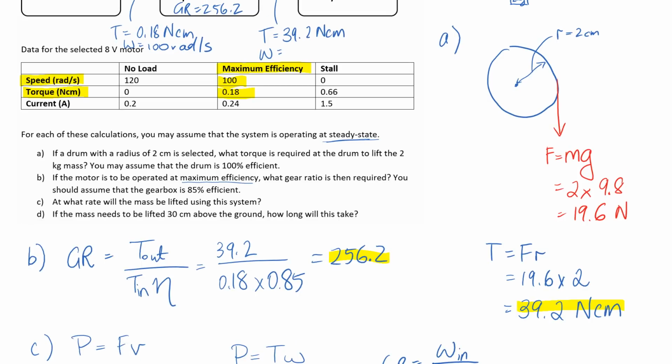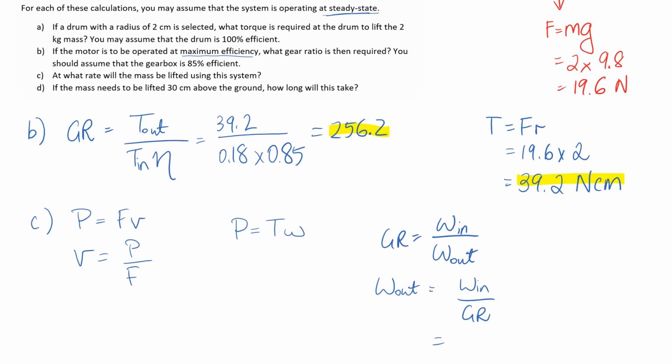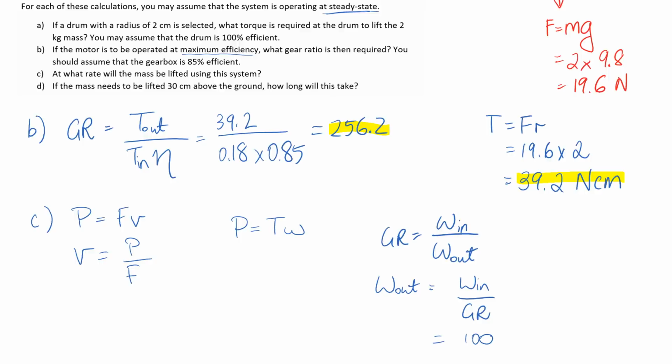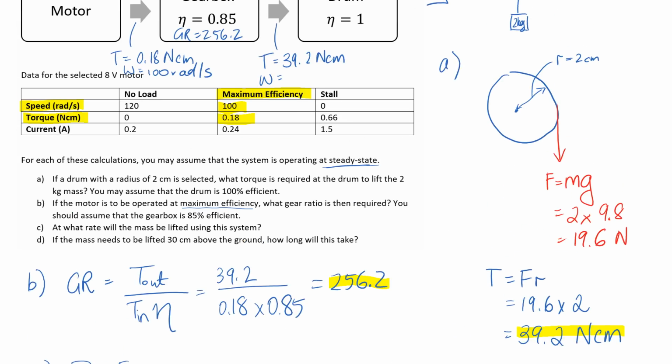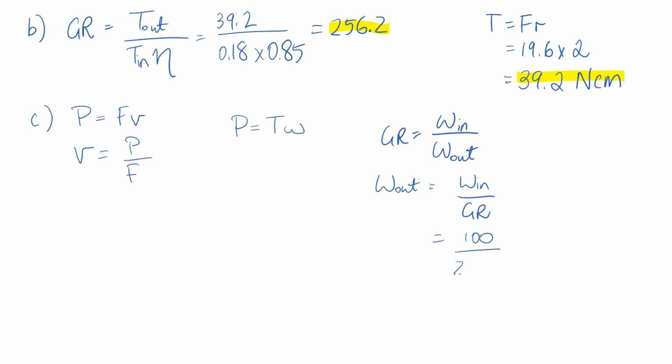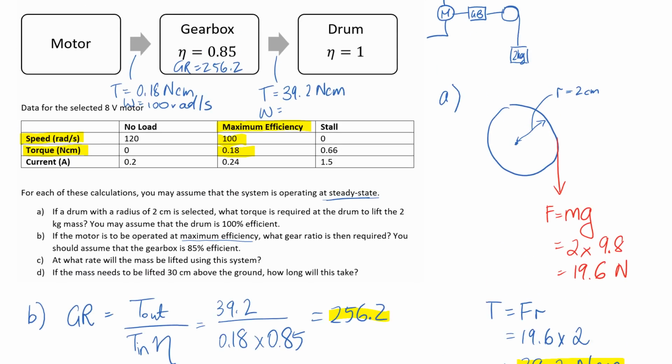We said that our input is going to be this 100, and our gear ratio is this 256.2. So if you put that into a calculator, it comes out to 0.39 and the units are going to be radians per second.